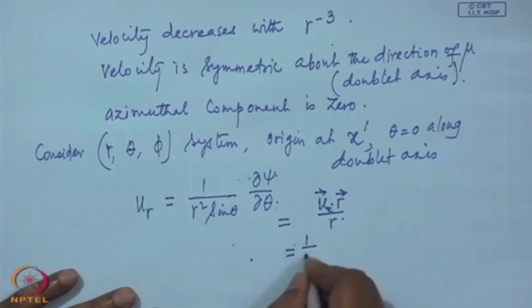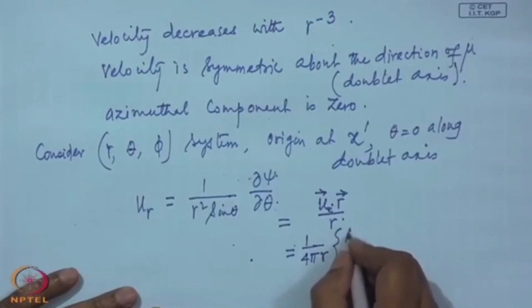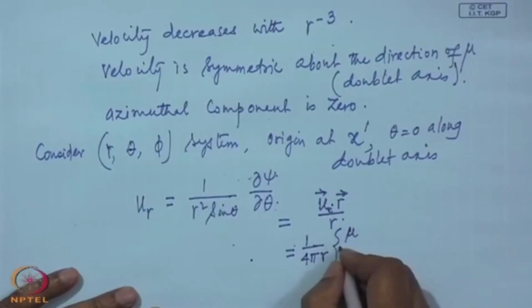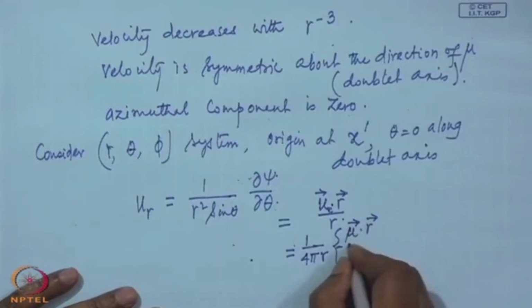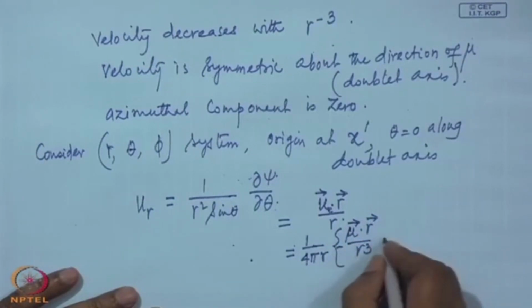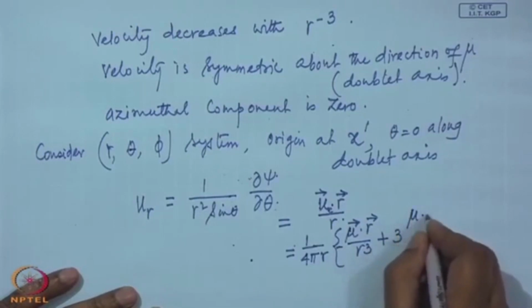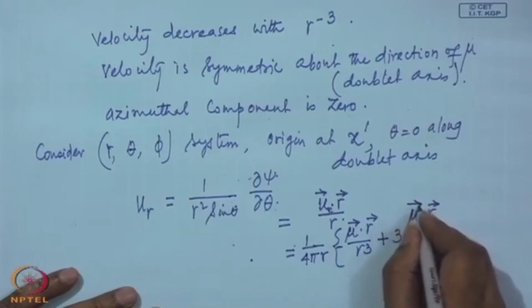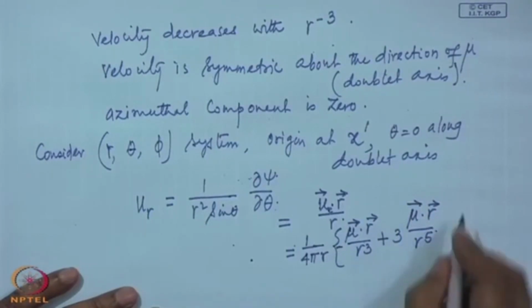Or okay, let us write 1 by 4 pi, this r comes here, the first term becomes minus mu dot r by r cube, and the second term becomes 3 mu dot r by r to the power 5 and r dot r, that is r square.